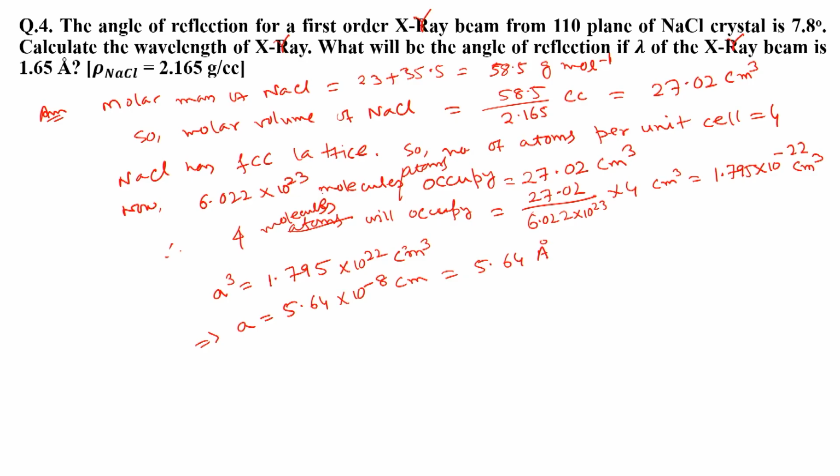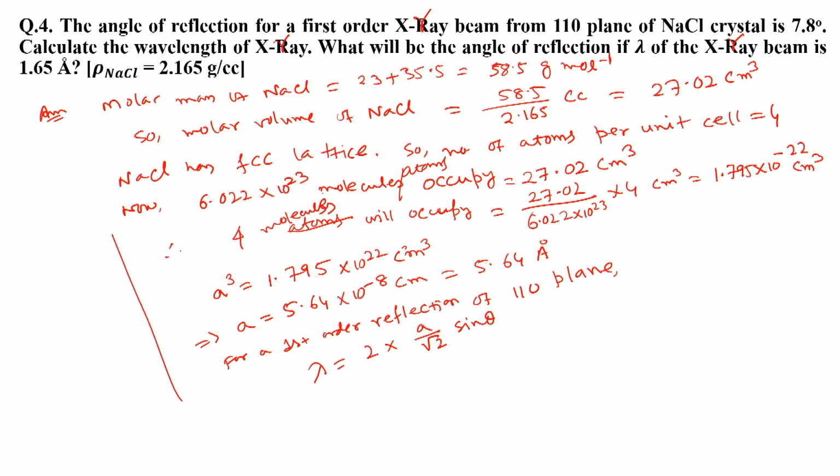So for a first order reflection of the 110 plane, lambda will be 2d, so lambda will be 2 times a by root 2, then sin theta.